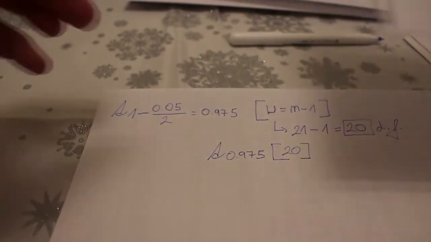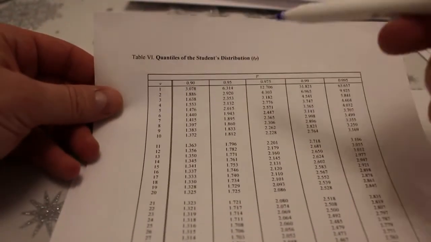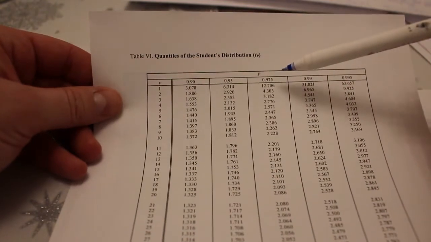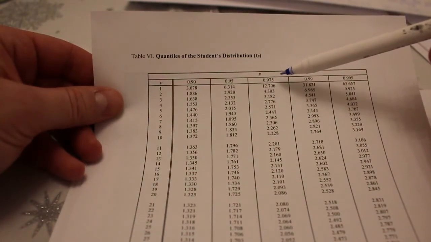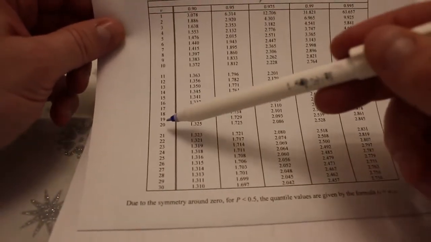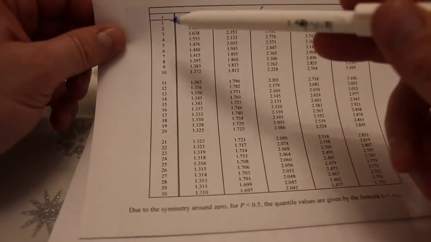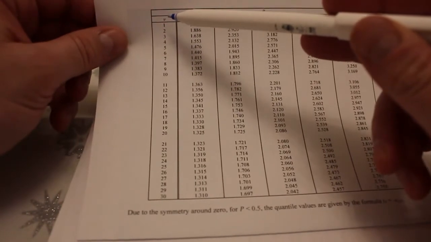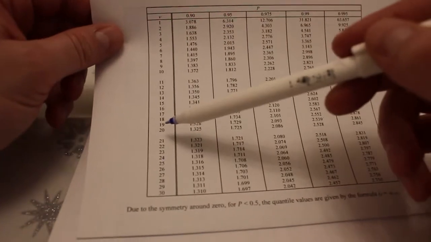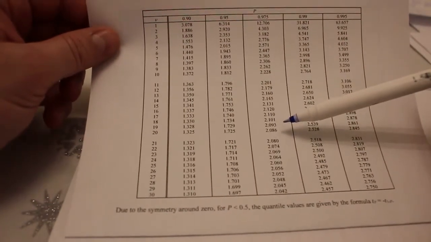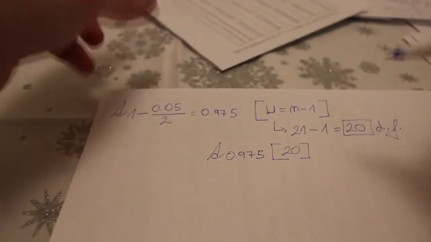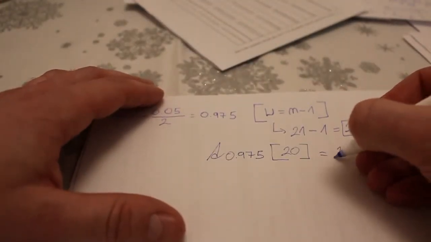I will check the statistical tables where I have quantiles of the Student distribution. 0.975 is in the middle and 20 degrees of freedom is here. This is not v. This is the small Greek letter nu. So with 20 degrees of freedom, the value of this quantile is 2.086.